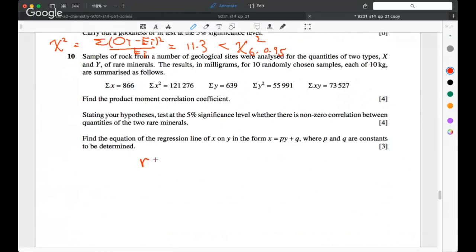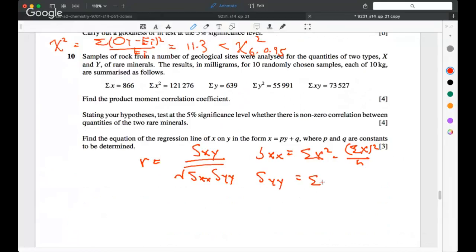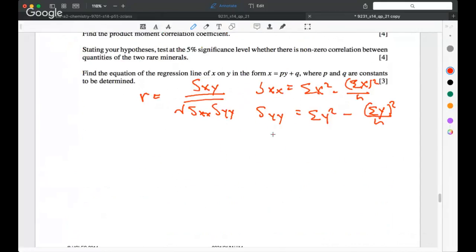Well, R has a rather scary formula: R is Sxy over the square root of Sxx times Syy, where Sxx is equal to the sum of x squared minus the sum of x, all squared, over n, and similarly Syy is equal to the sum of y squared minus that, and Sxy is defined to be that.